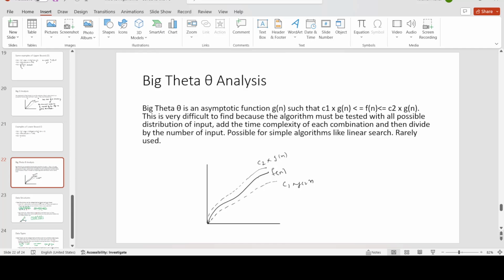Now something like this, to find this gn, is very difficult because the algorithm must be tested with all possible distribution of input. তার মানে হচ্ছে, if linear search is the algorithm, so we have to try with every possible distribution. মানে হচ্ছে, let's say linear search, I'm looking for the number 5.